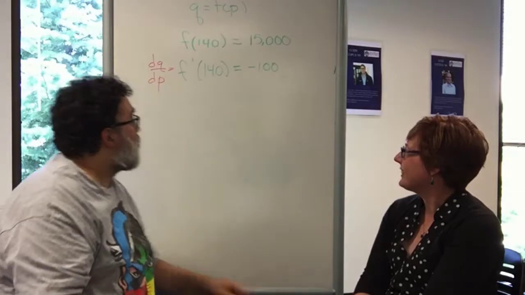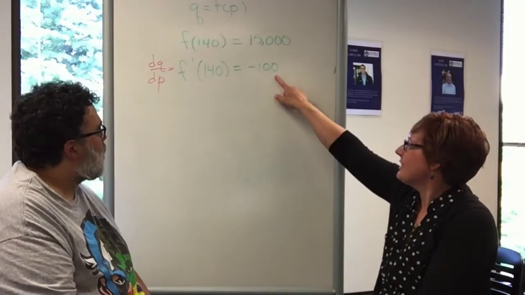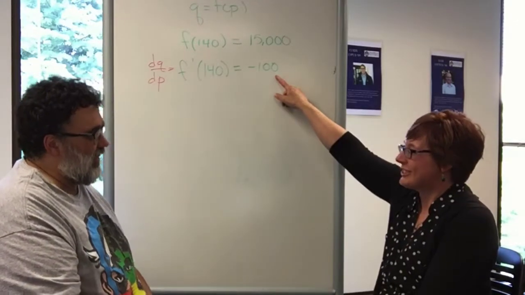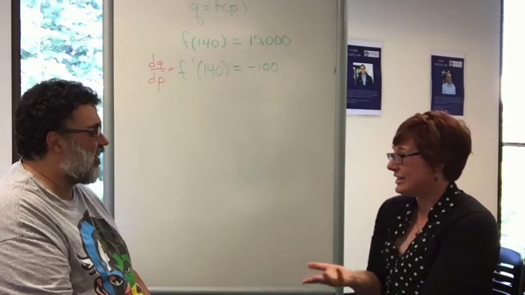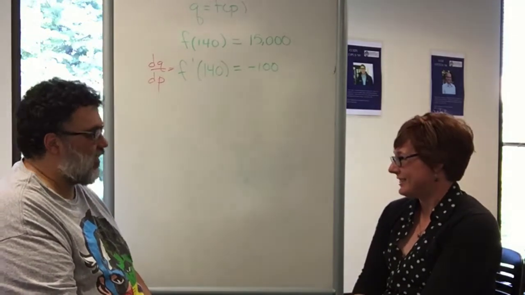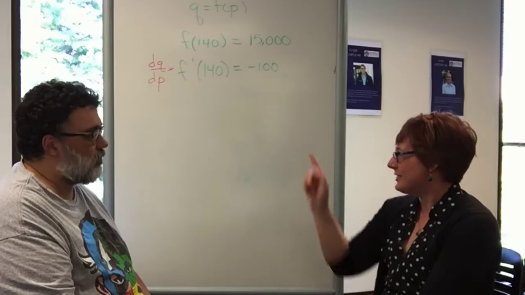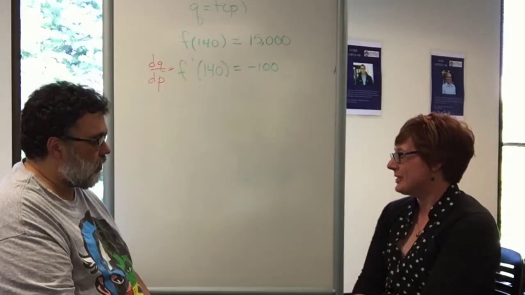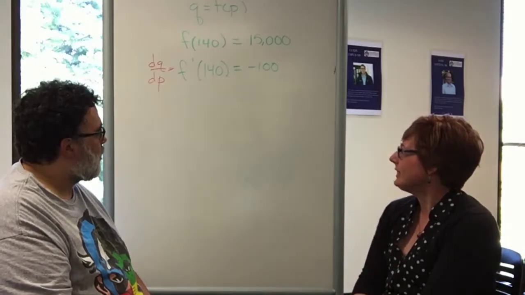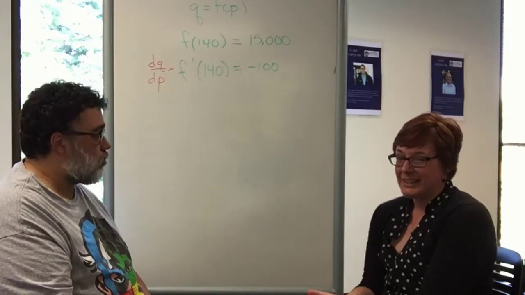So this is really in skateboards per dollar increase in price, which is a strange unit. And so I find it easier to think about it as a ratio or a rate. Okay. So we got that.